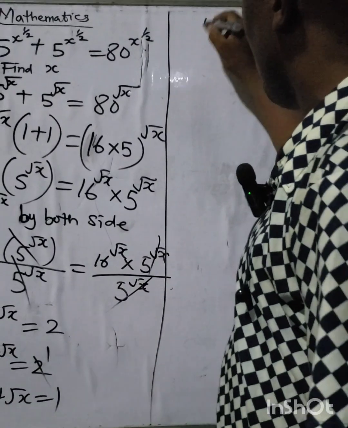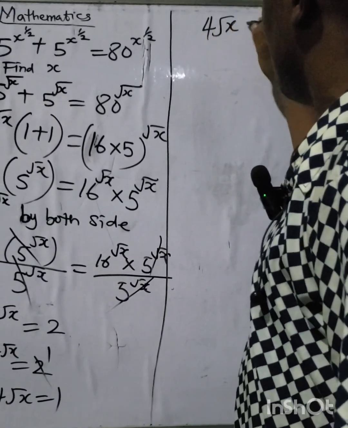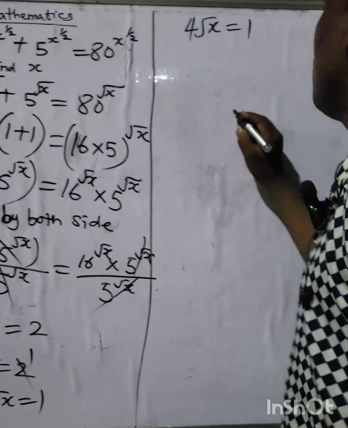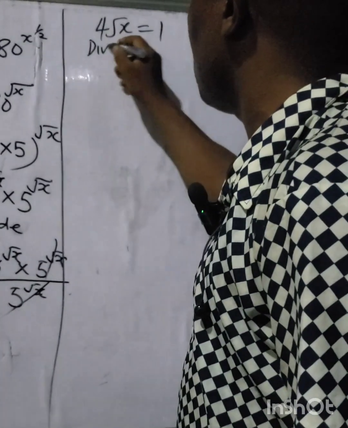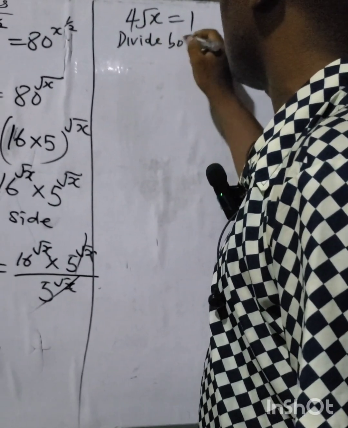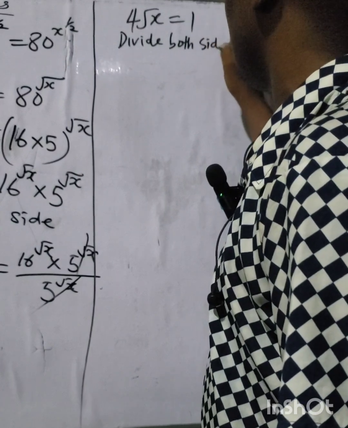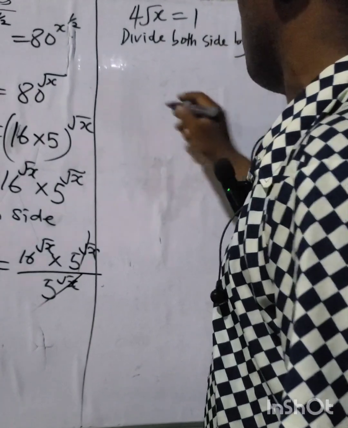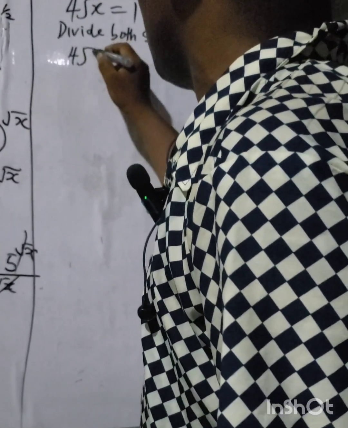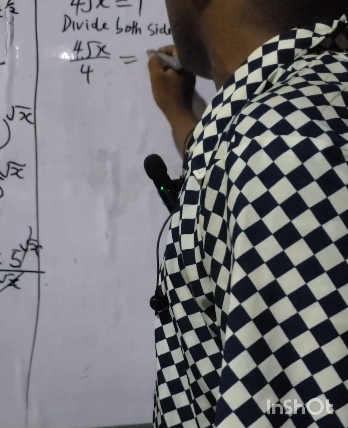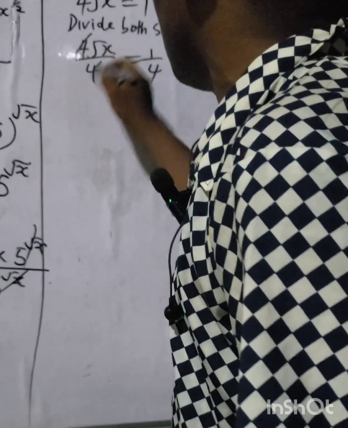When we have 4√s equal to 1, you can divide both sides by 4. This will become 4√s divided by 4 equal to 1 all over 4. This will cancel this.